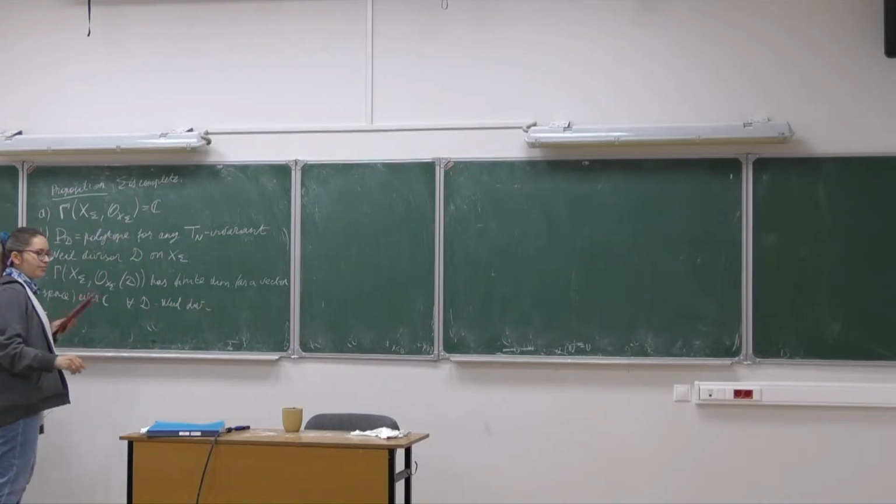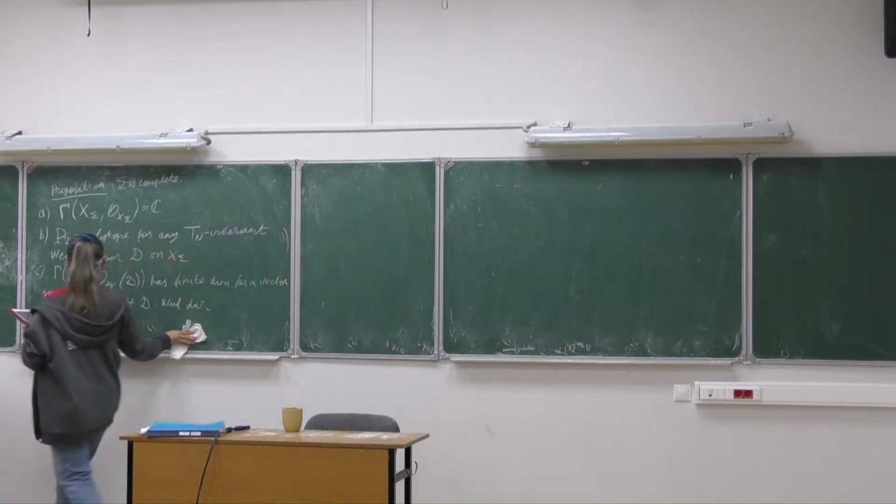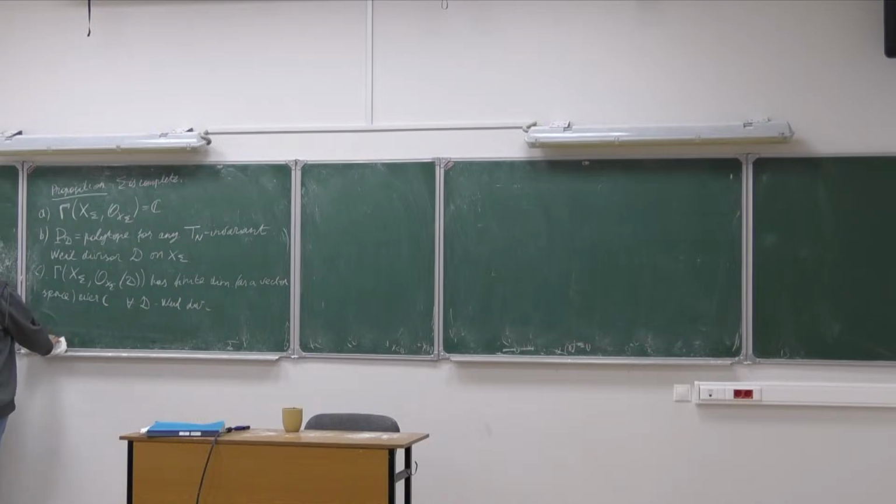So all this stuff follows from the formula which we proved last time, which expresses the global sections of O_X(D). So we have a polytope.